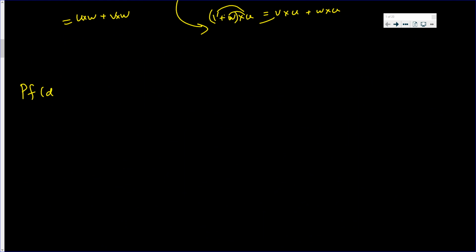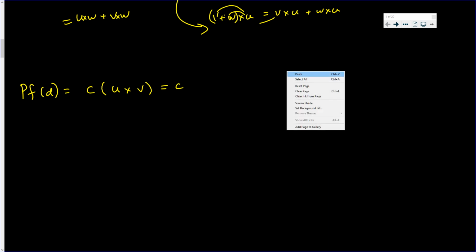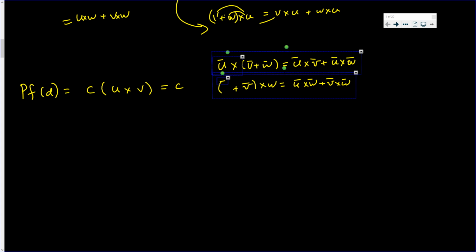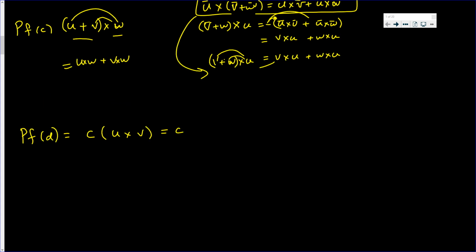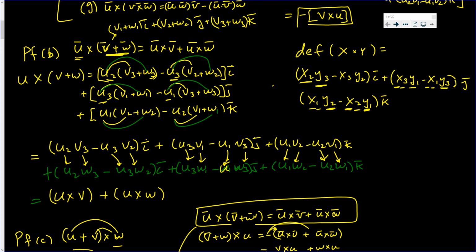The proof of letter D. C times U cross V. Well, this is equal to C times, now I think I copied something different. Let us bring down that definition.